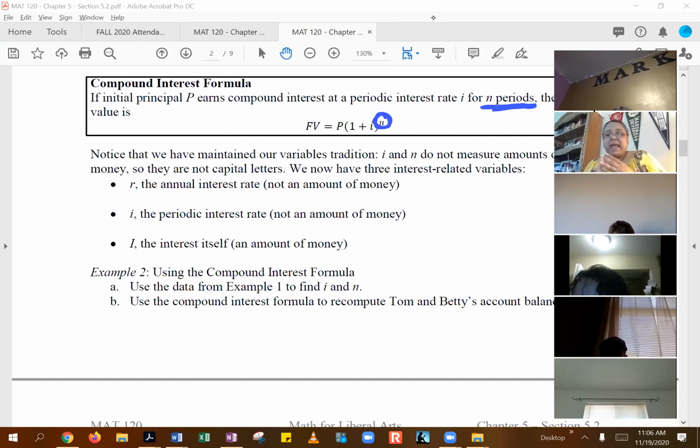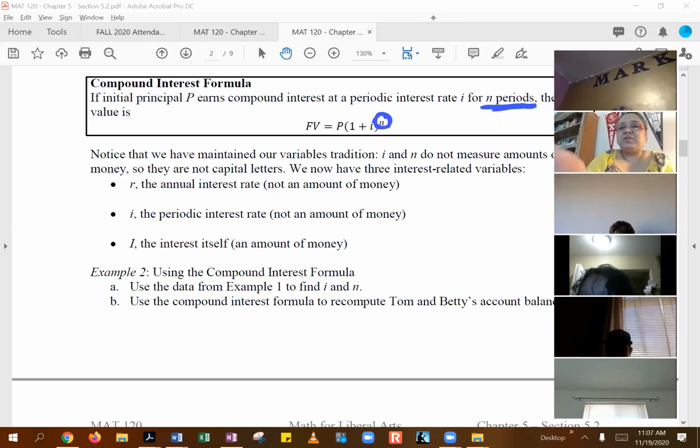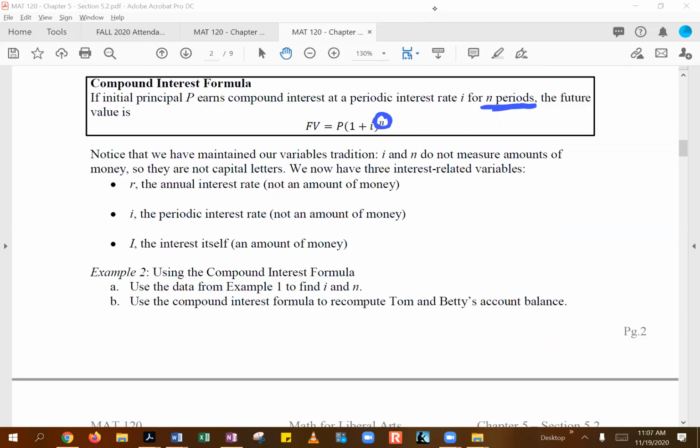It can be semi-annually, which means it's calculated twice a year, at the end of 6 months. It can honestly also be broken down into weekly, daily, hourly. Depending on what account you are looking at and what kind of institution you're working with, those compounding periods really do keep changing.